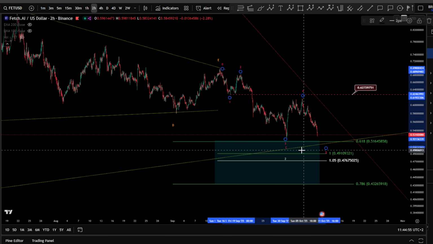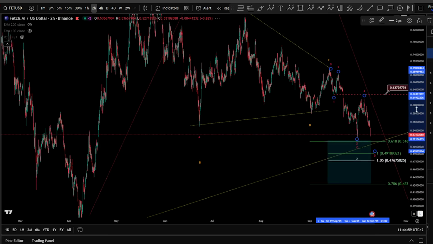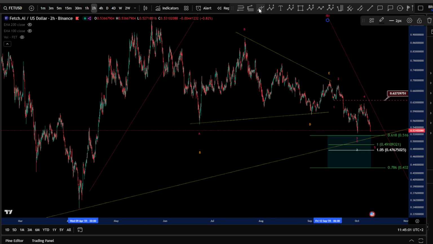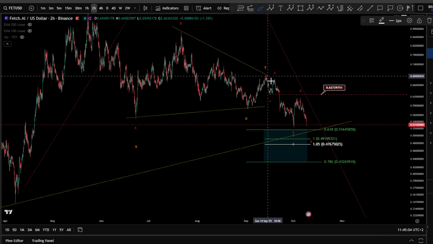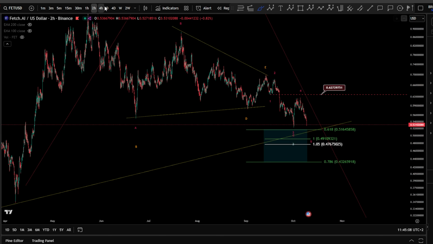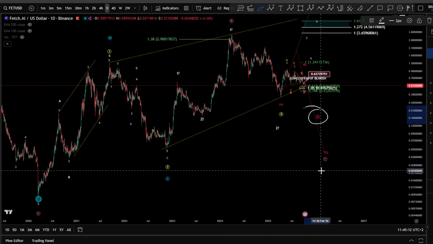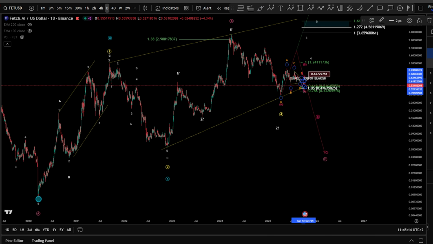So the low is going to be taken, definitely. After this, we're looking for something like a rebound, a 1, 2, and then 3, 4, 5 downward, I would say. And we're looking for a potential wave B in a longer correction, guys.